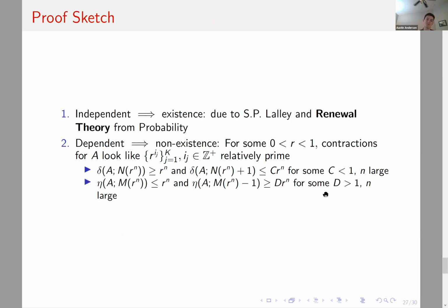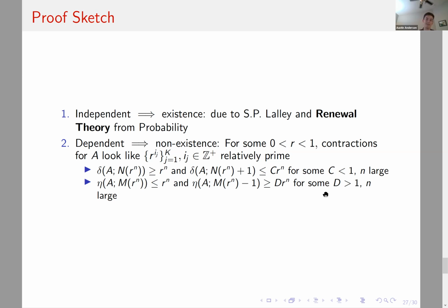A brief sketch of this proof: the first direction, independent gives existence, was due to Stephen P. Lally, and he used renewal theory from probability, which has been a pretty fruitful theory for a lot of these problems recently. The dependent case implying non-existence goes as follows. If your fractal is dependent, then you're going to be able to find some r between 0 and 1, and the contractions will look like r raised to the i_j, where these i_j are relatively prime positive integers.